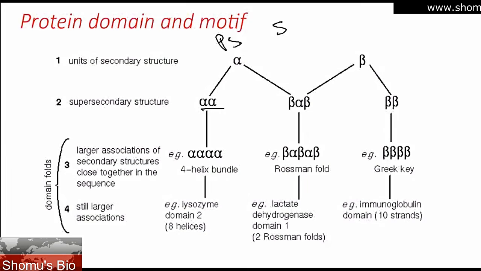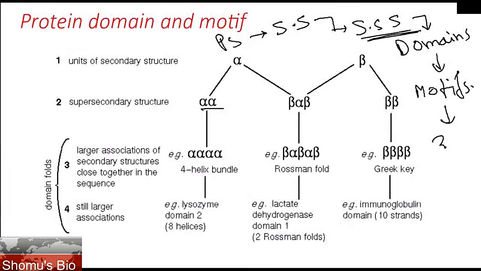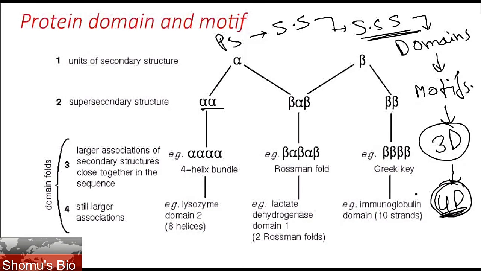From primary structure it becomes secondary structure, and from secondary structure it becomes super secondary structure. The super secondary structure is also known as the domains of the proteins, and arranging domains forms what is known as motifs of the proteins, and that will be the 3D structure of the protein, and then the quaternary structure of the protein. Okay, so this is the hierarchy of protein structure.